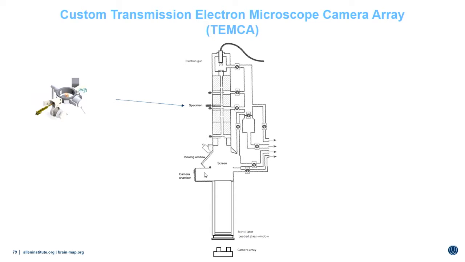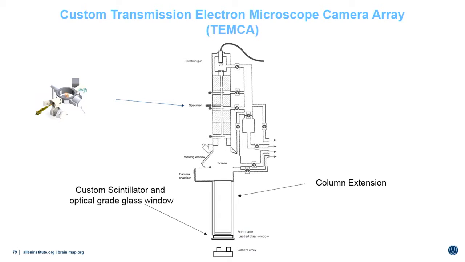We're also removing the traditional camera chamber, expanding the column down significantly, hence why in that picture of the EM lab space, you saw that those machines were on large stilts. And this allows us to have a large field of view and also have it magnified, which we can then collect onto our camera array on the bottom.